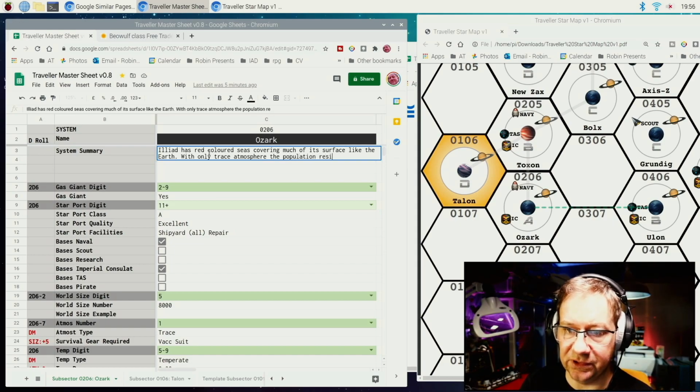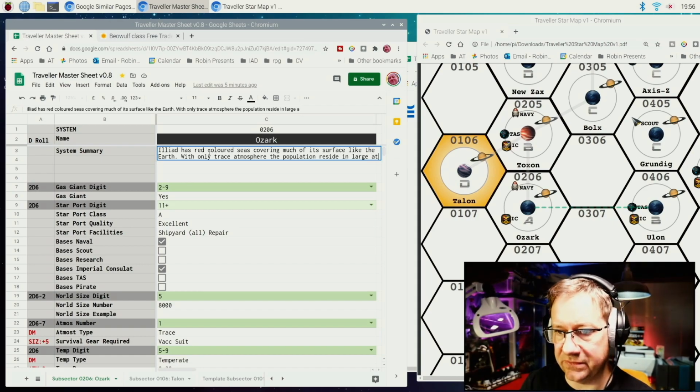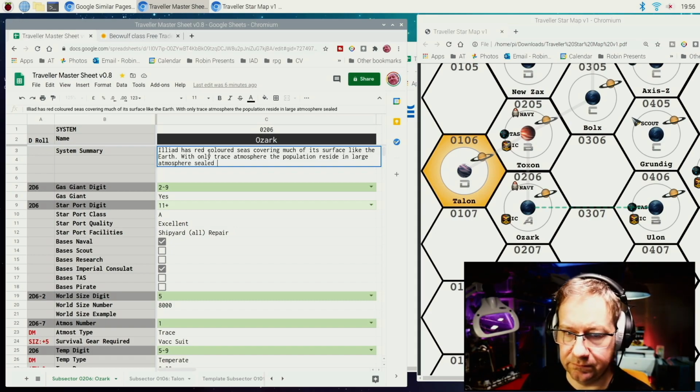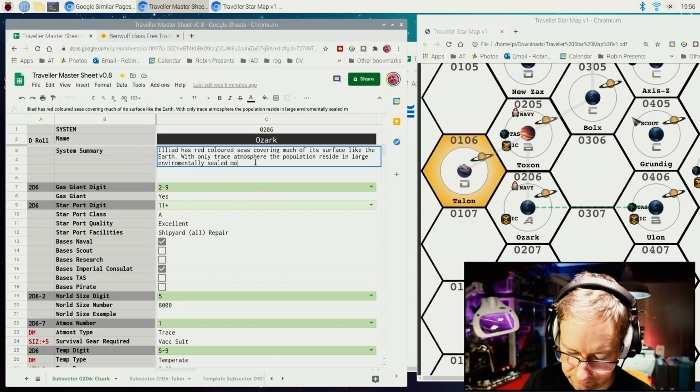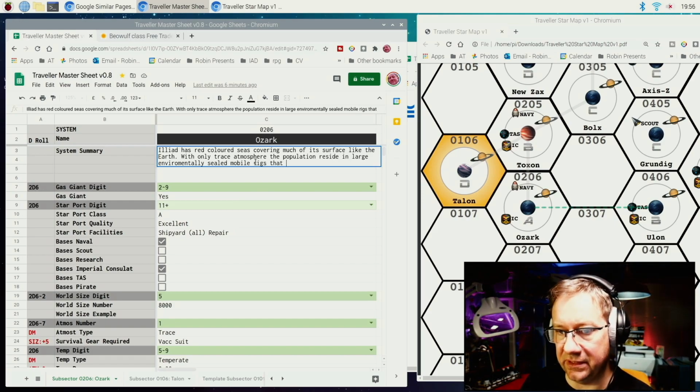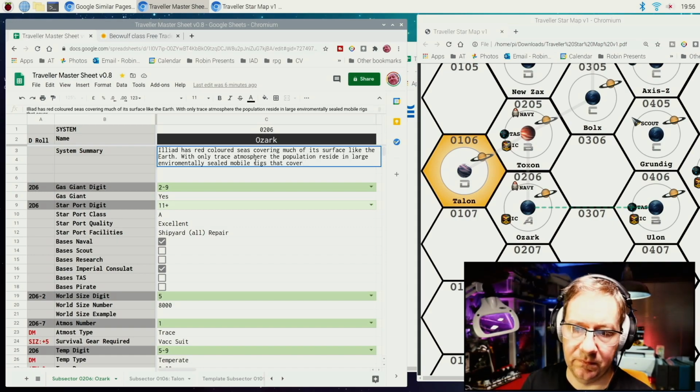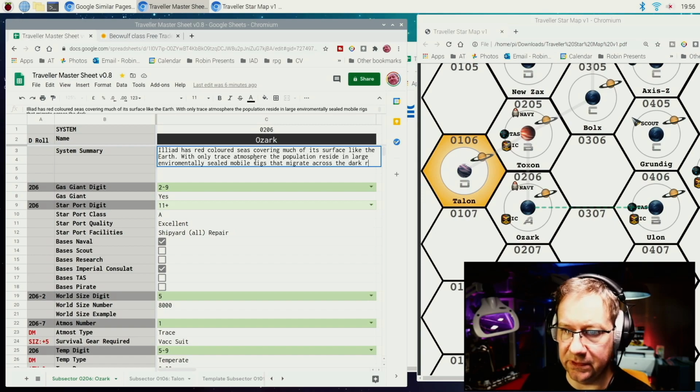The population reside in large environmentally sealed, that's better than atmospherically sealed, environmentally sealed, I'm going to call them mobile rigs that migrate across the dark red oceans in search of rare resources on and beneath the seabed.